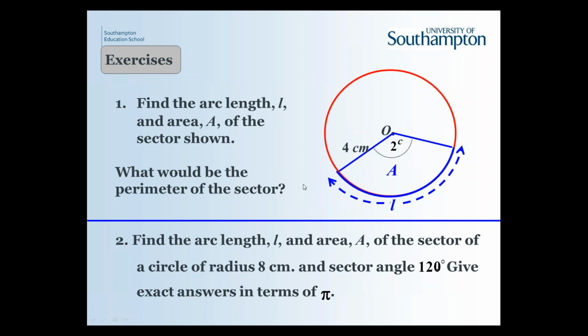Sorry, yes. So all the way round, just out of interest, the circumference would be 8 pi, would it? Hang on, I've just got to work that out. Times 2 pi r, 2 times 4, it'll just be 8.